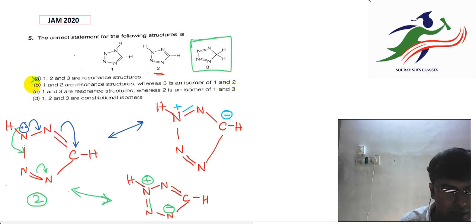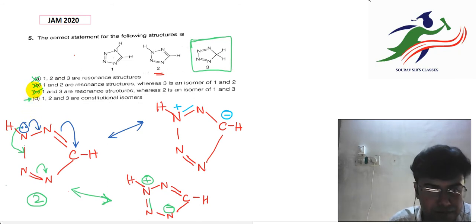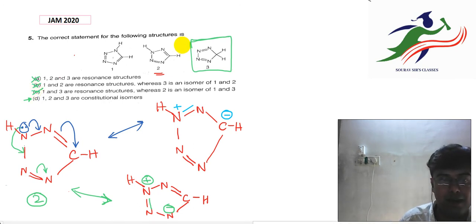No. Option C, 1 and 3 are resonating structures, whereas 2 is an isomer of 1 and 3. Is that true? No. So that also goes out of the equation. So the last one could be our option. But before we tick it, let's see what it says.